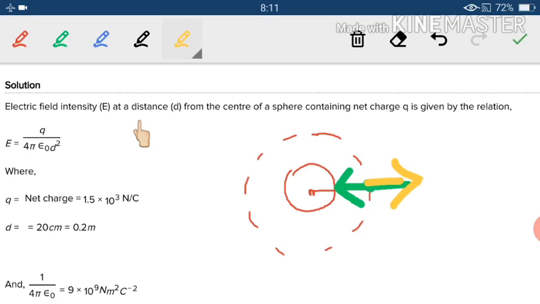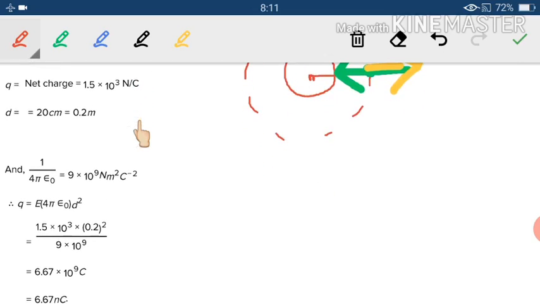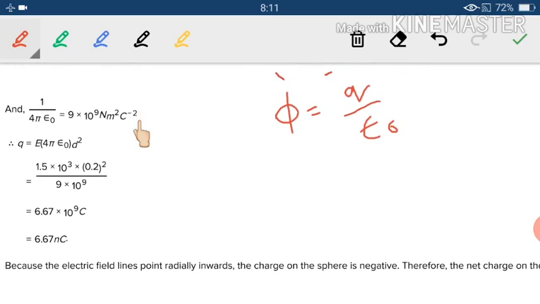Now we know that phi is equal to Q upon epsilon naught according to Gauss law. In place of phi, because phi directly is not given in the question, we have to use one more formula of phi, which says that it is EA cos theta, and here the angle between E and A is 180 degree, equal to Q upon epsilon naught.